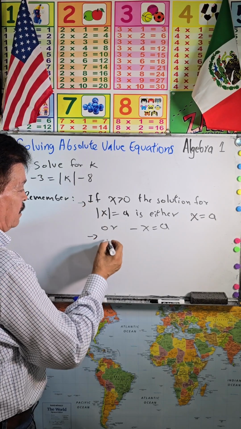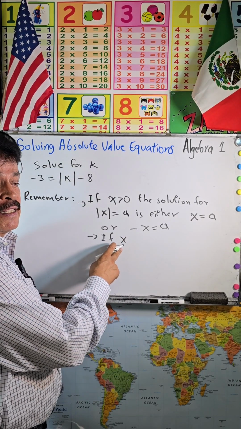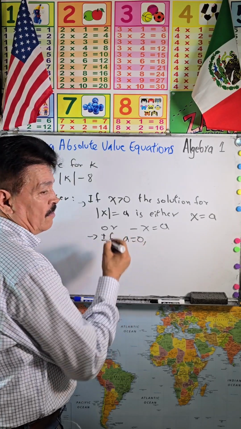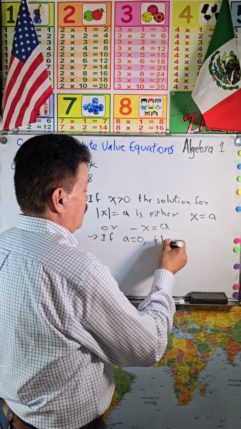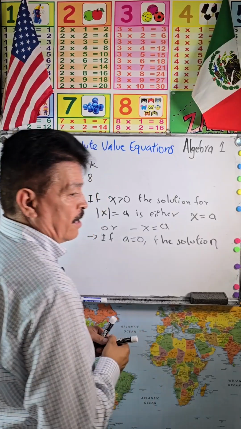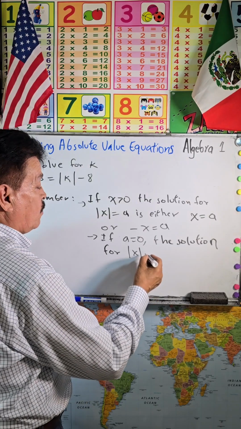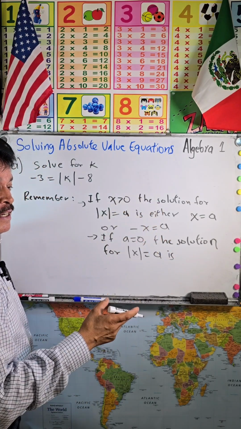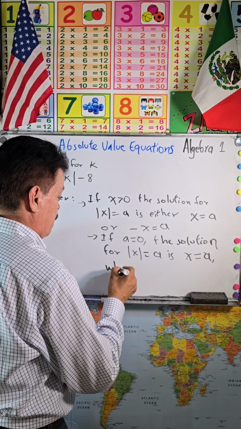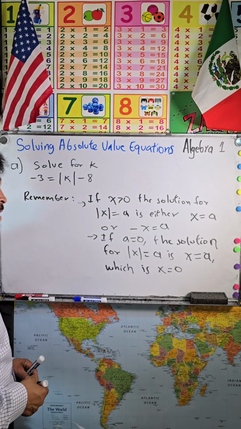On the other hand, in the second section, if a is equal to 0, for instance, the solution for absolute value of x equals a is x equals a, which is x equals 0, right?